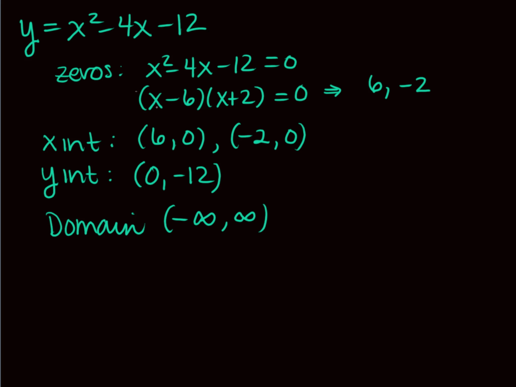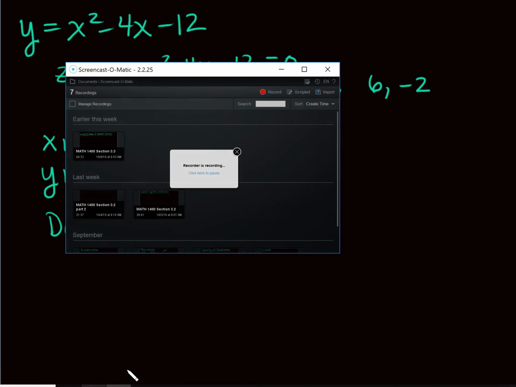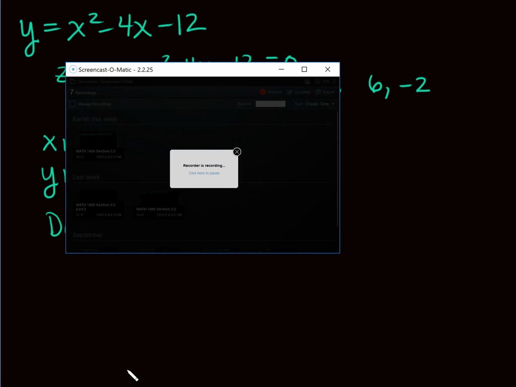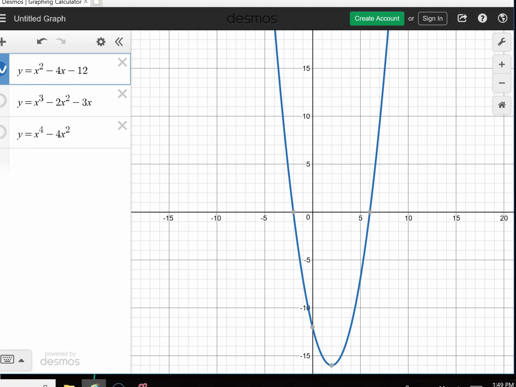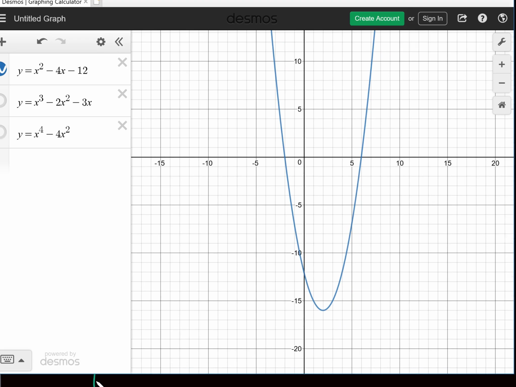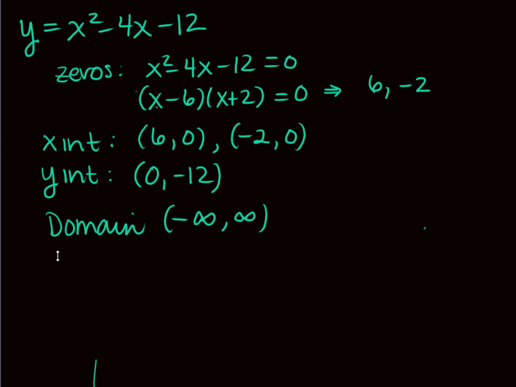Now I could talk about my range. Maybe I could switch my x and y and mess with that a little bit, but I want to look at that graph. I see that I'm starting down here at -16, and then it goes up. So my range would be -16 to infinity. Pretty interesting stuff.